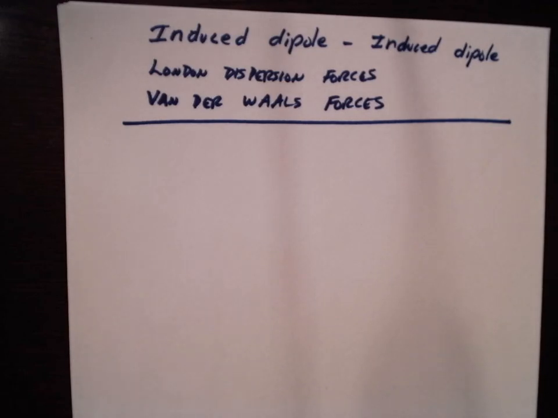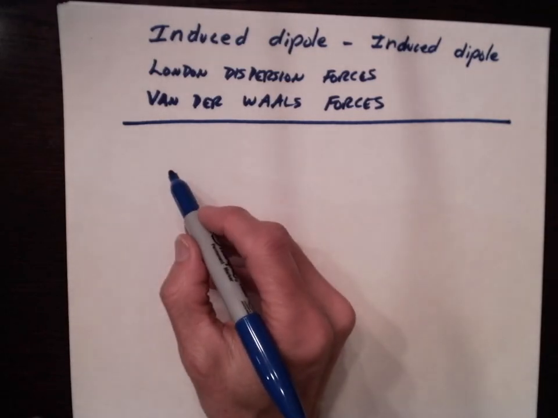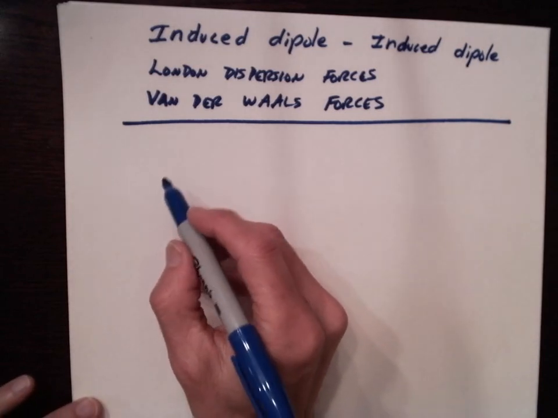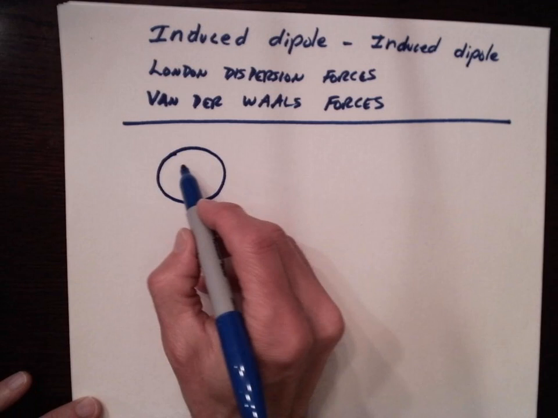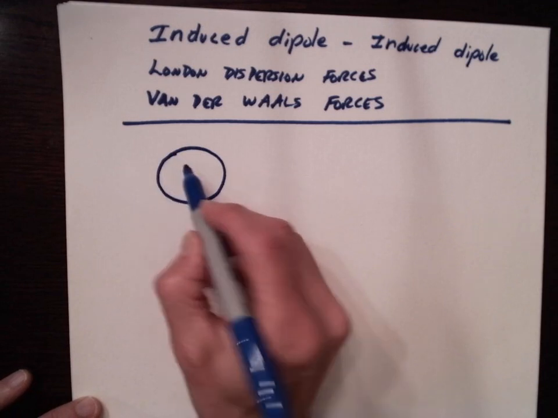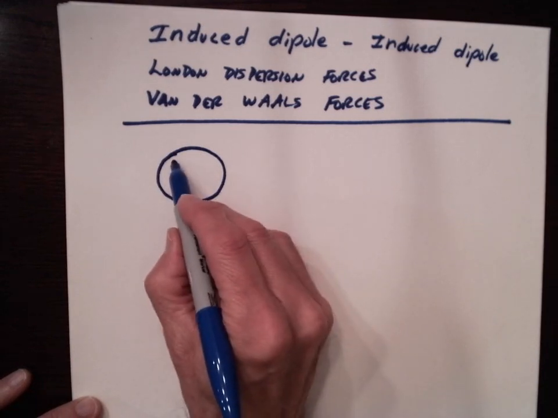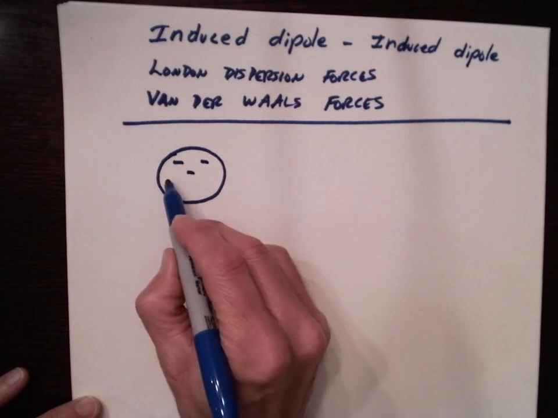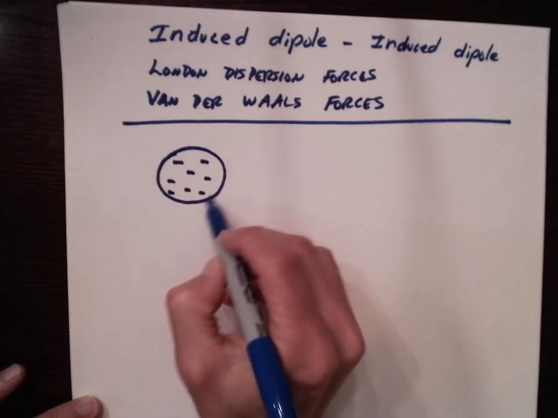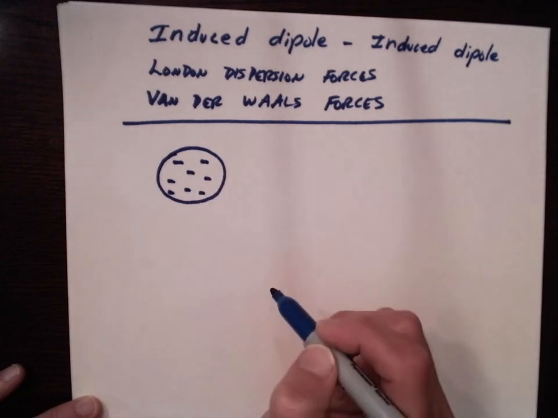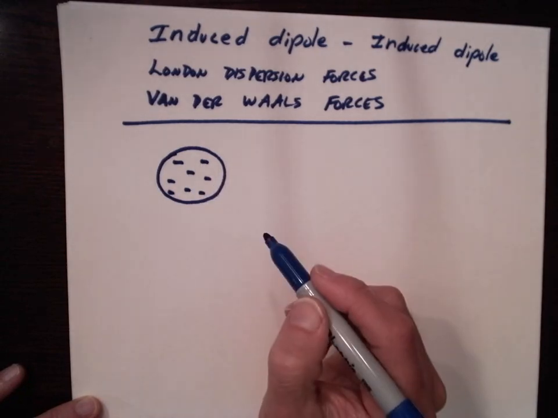Well, in this case, what we're going to have to do is imagine a molecule with an electron cloud. Draw it like this. I'm just going to draw it as a circle just to keep it simple. And that electron cloud, or molecular orbital, however you want to view it, is going to have electrons dispersed around it. And we can imagine those electrons dispersed evenly throughout the electron cloud or the molecular orbital.